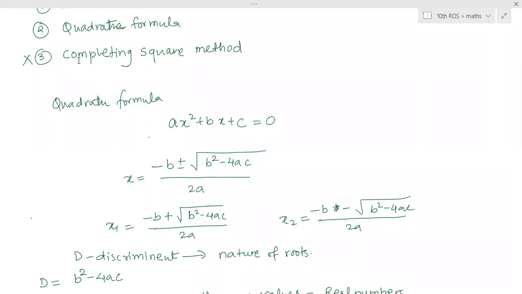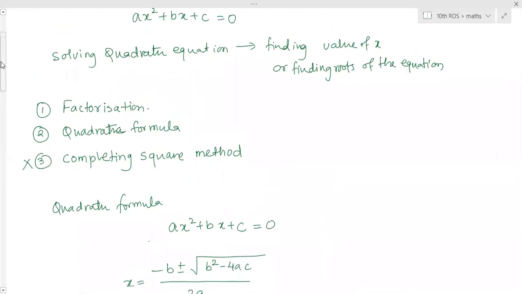You have to do it by any method. There are some questions in the first exercise itself which are given as factorization, but need the formula. Without that, you cannot solve. So I explained the quadratic formula in the beginning itself. Okay, so write down this part.